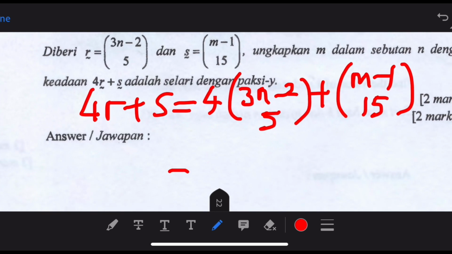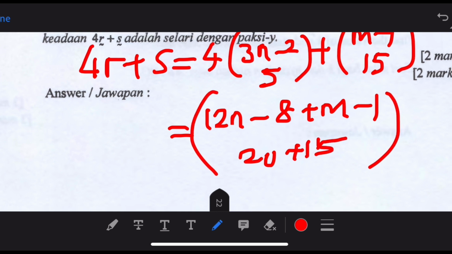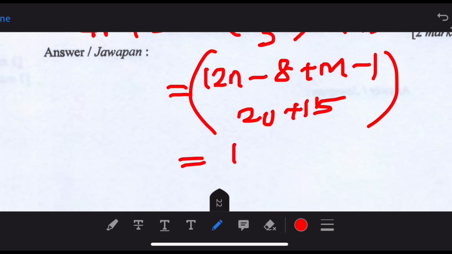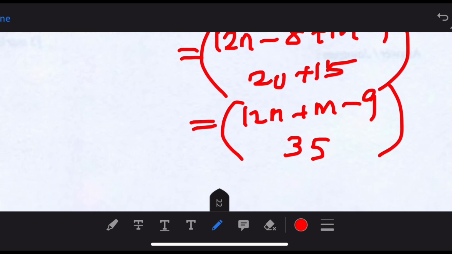So then we will expand, simplify until we have a vector column. Alright, so you are having the component of the x which is 12n plus m minus 9, and the component of the y is 35.